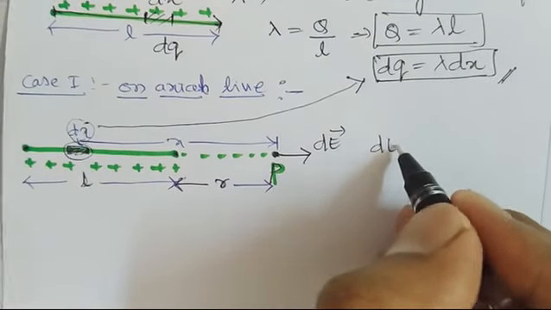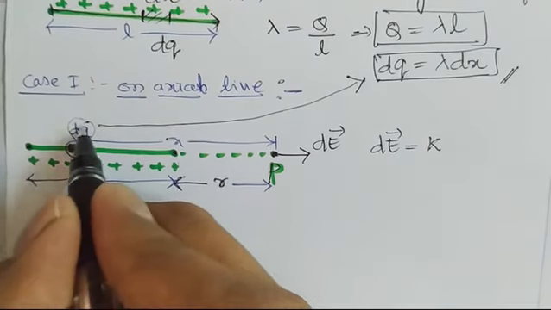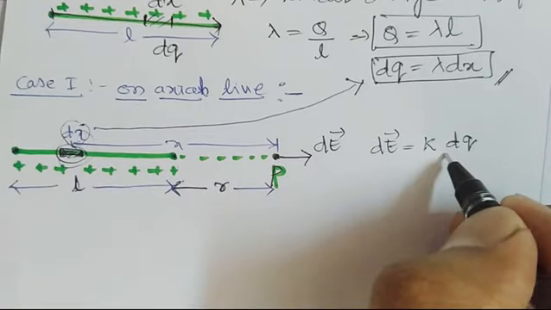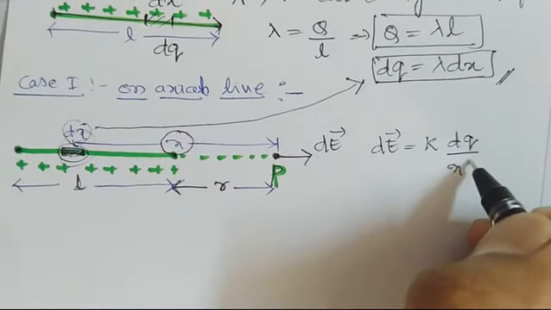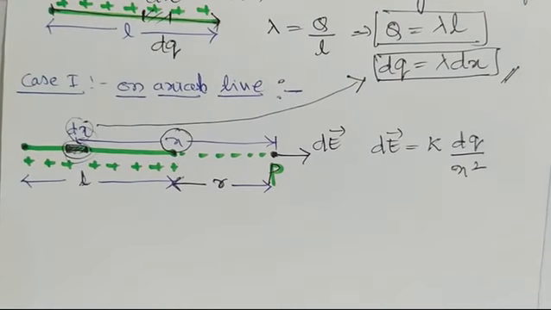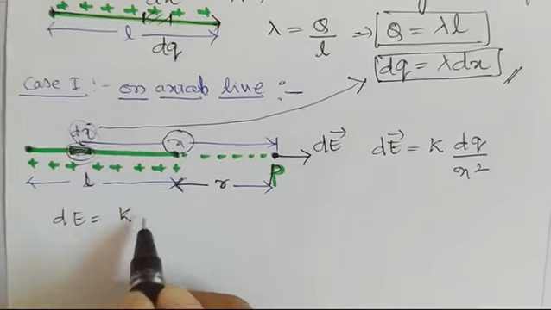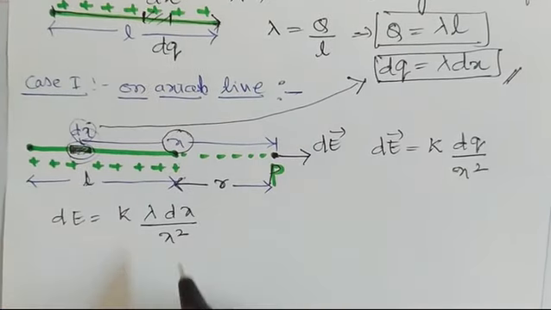So dE is equal to K times the charge, which we can consider as a small point charge dq, divided by x square. See, dq can be written as lambda dx, so dE is equal to k lambda dx divided by x square.